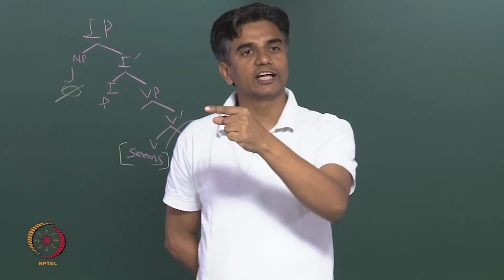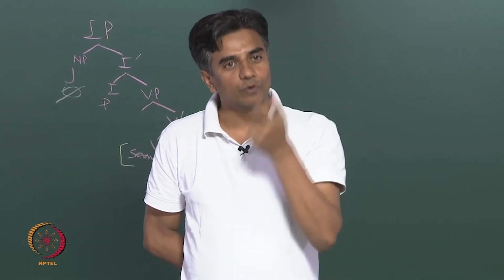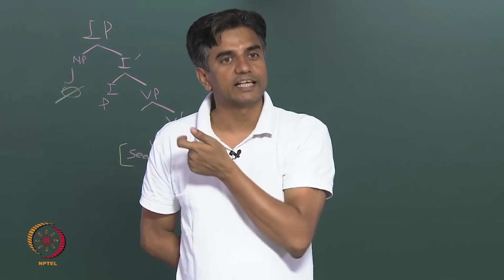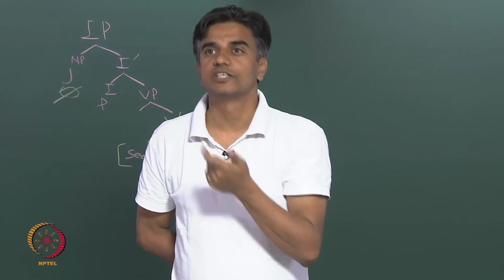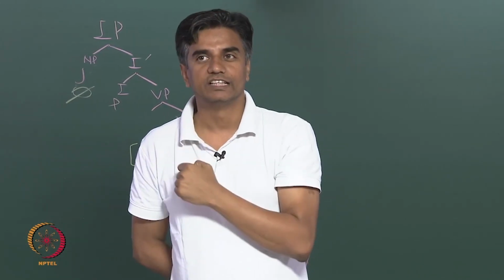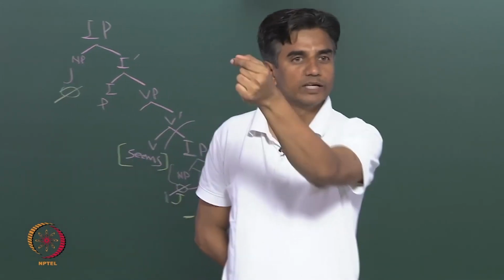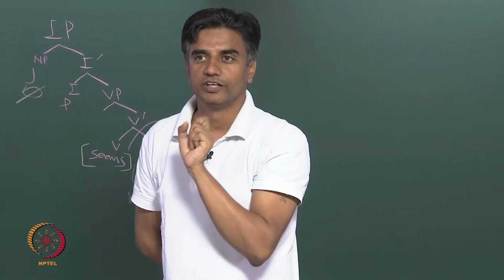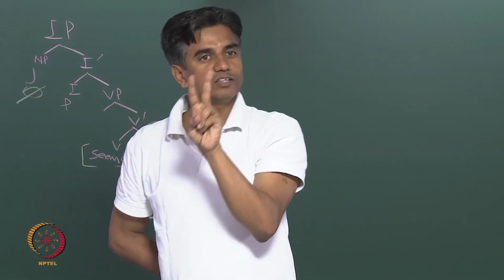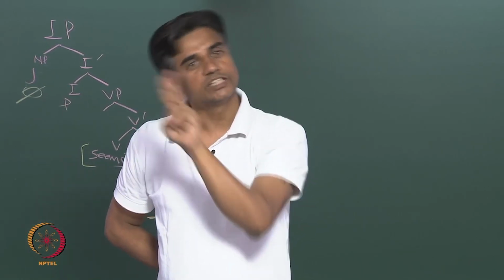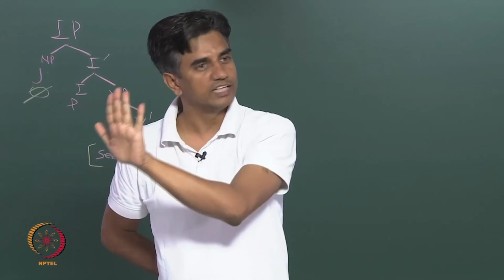What I did not mention at that point is that all the verbs that require exceptional case marking are verbs like want, verbs like prove. You can work on the verb prove, let me work with you on the verb want. What happens with the verb want? Want is a transitive verb, it needs an object.